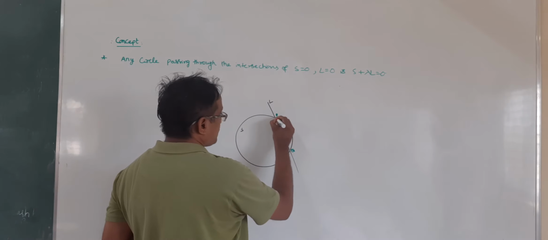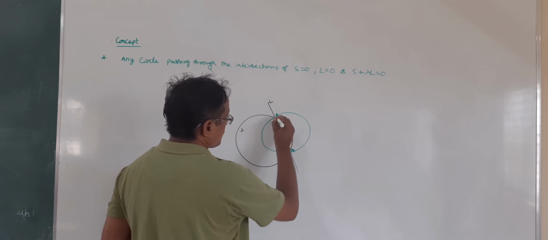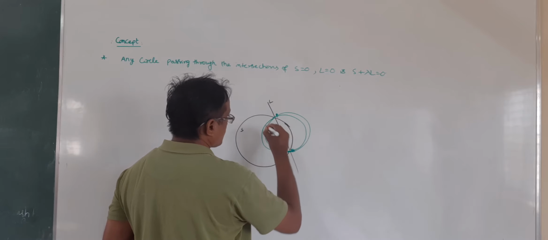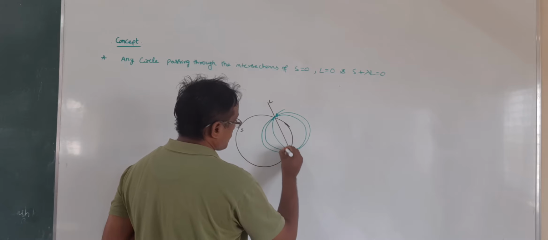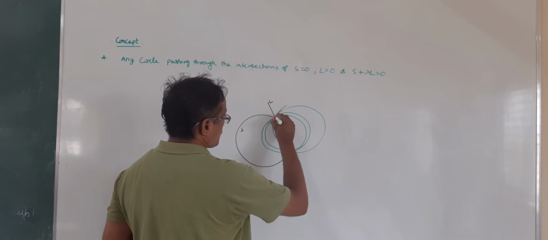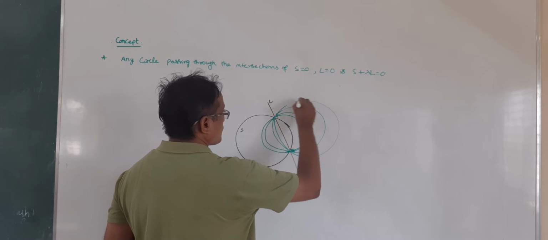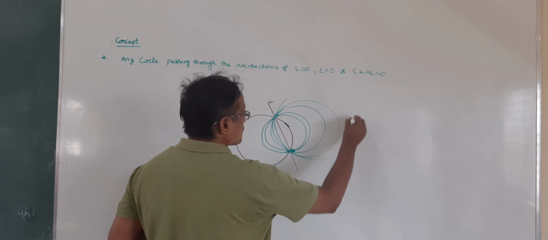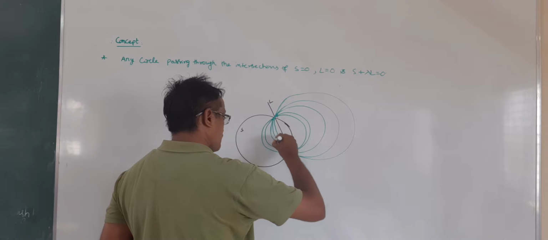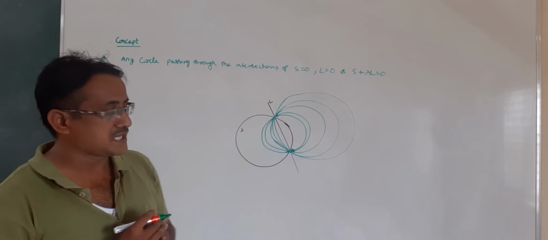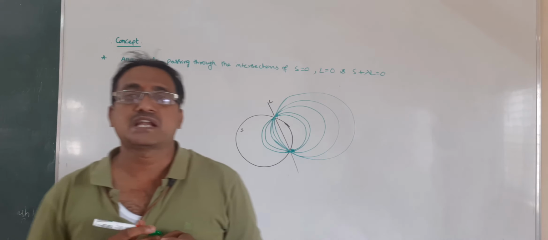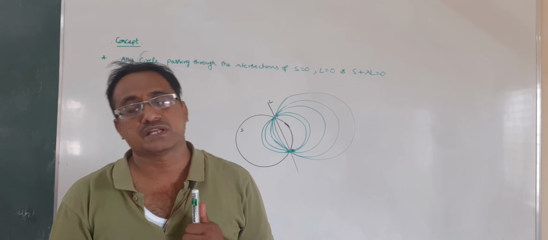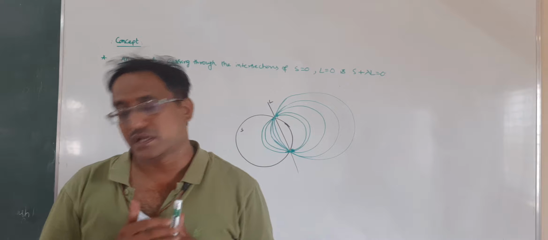You can see, you can draw infinitely many circles passing through these two intersections of the circle S equal to 0 and L equal to 0.